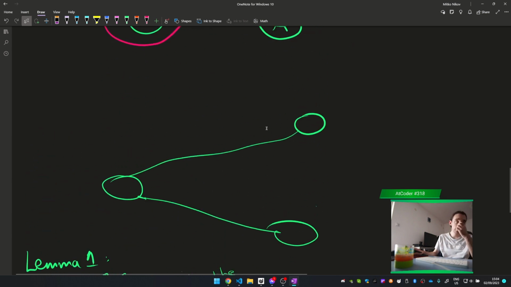This is what it means that no articulation points can be there. I mean, yes, there can be articulation points, but we don't care about articulation points that go off.